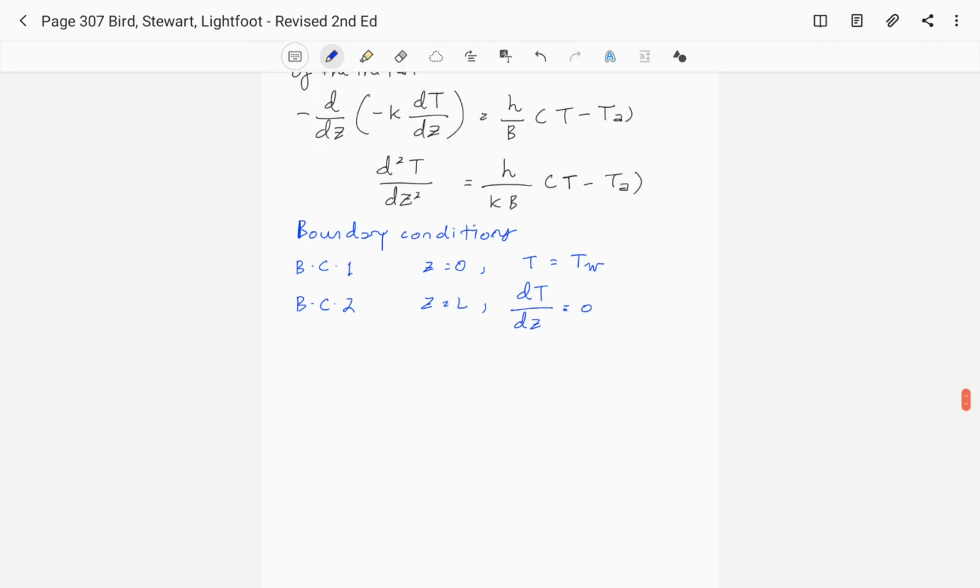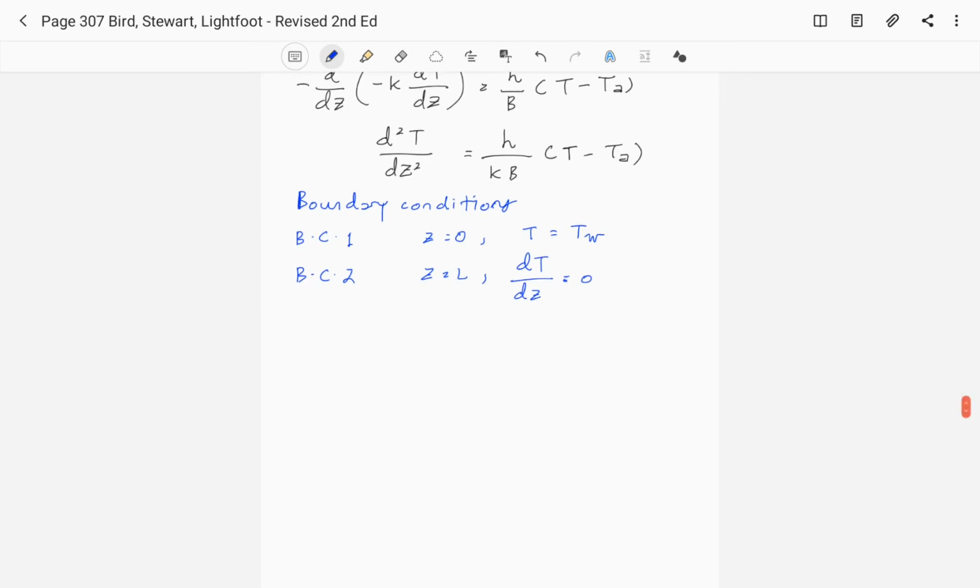or what we are saying is basically the heat flux is negligible at the end of the fin. Then we can also introduce dimensionless variables to simplify that second order differential equation.